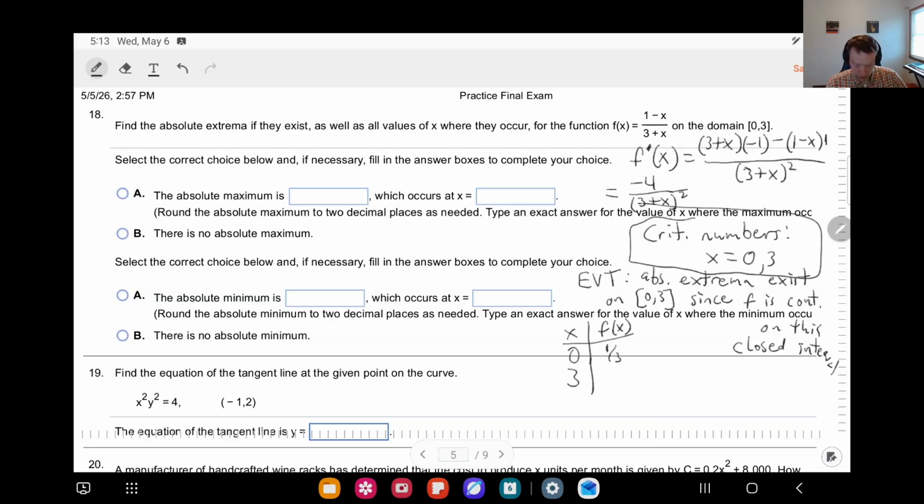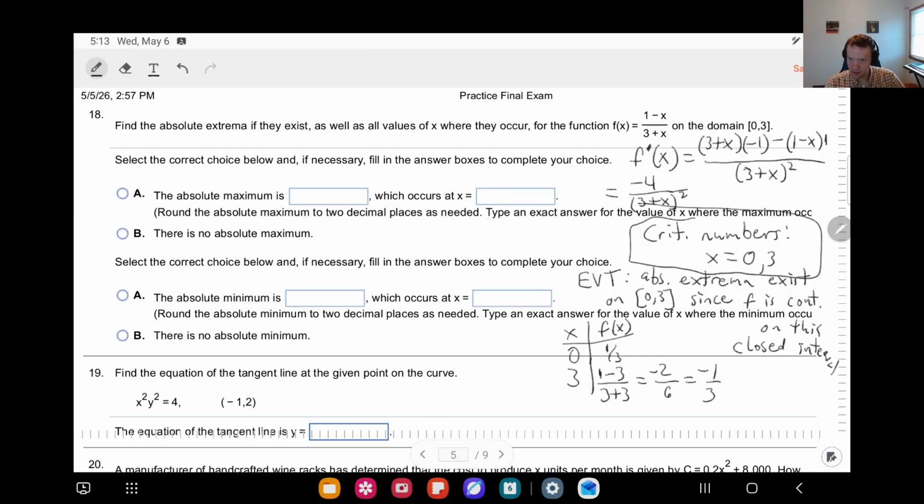And if I plug in 3, let's write this out. I get 1 minus 3 over 3 plus 3. So -2/6 or -1/3. All right, and that's lining up with my answer key, so that's good.